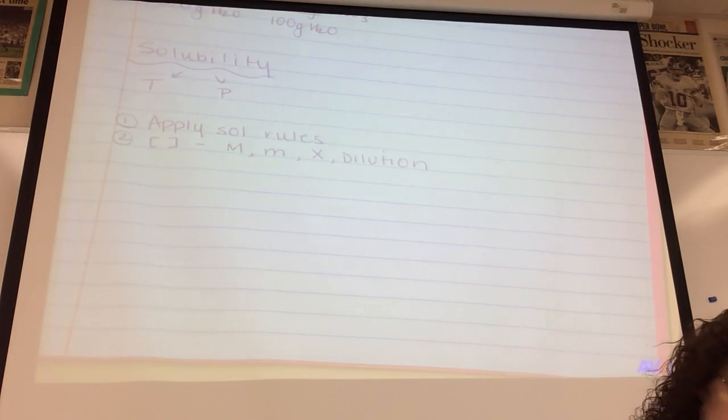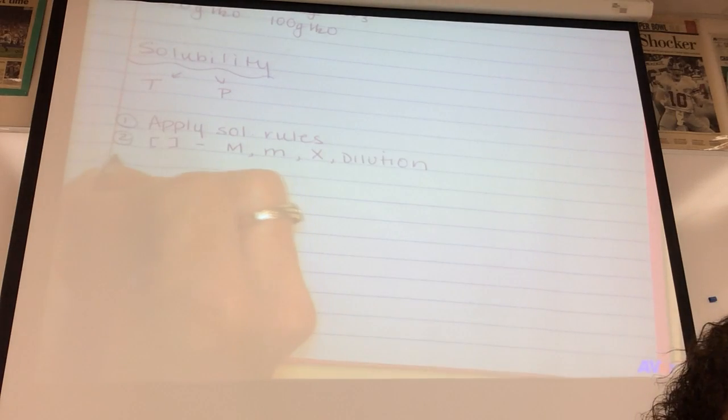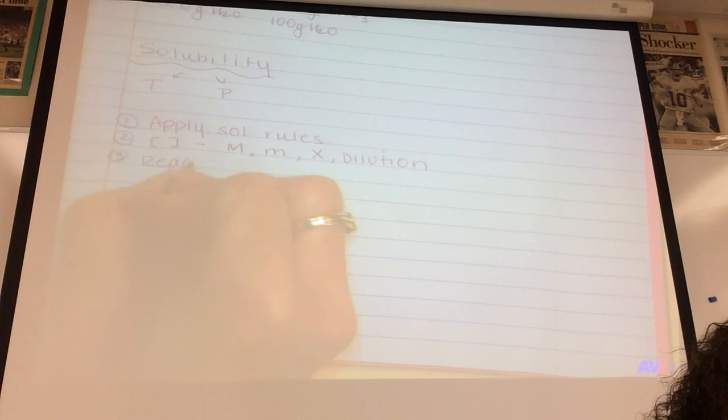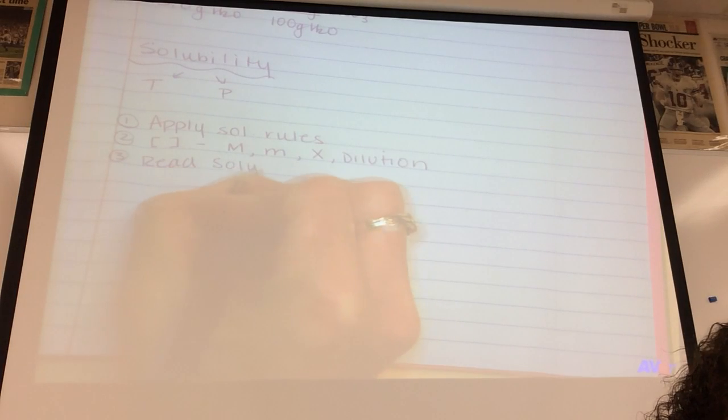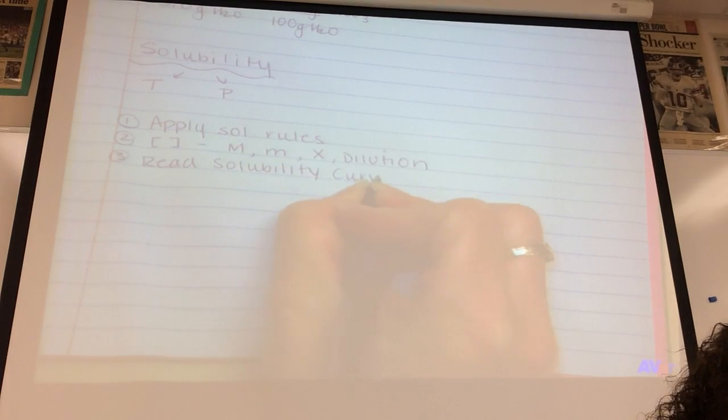You should understand how to make a solution two ways, and you should be able to read solubility curves.